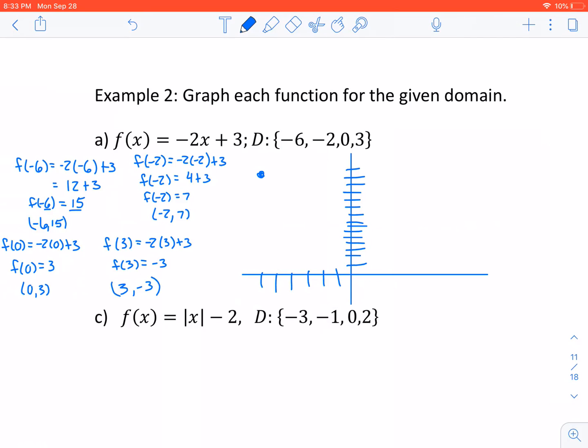Then negative 2, 7, so right around there. 0, 3, somewhere in there. 3, negative 3, somewhere in there. And again, if I did it right, I'd get a line. Pretty close. We're going to call that good enough. And there's my graph.